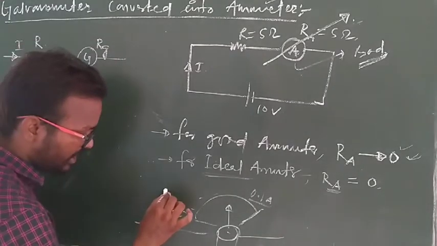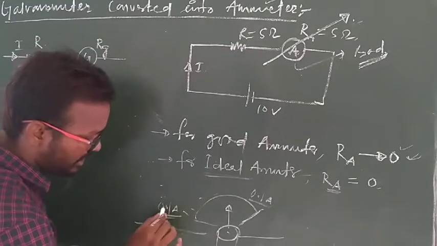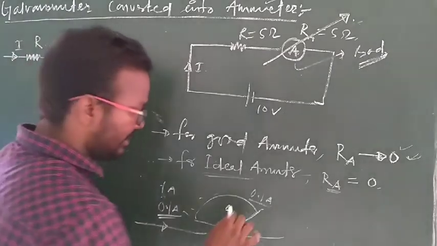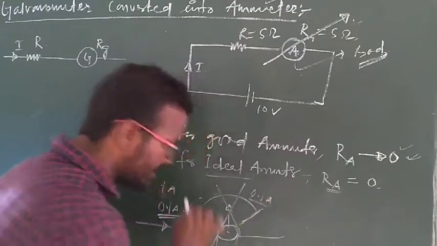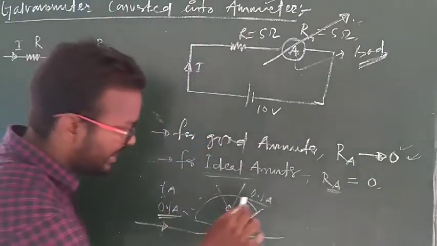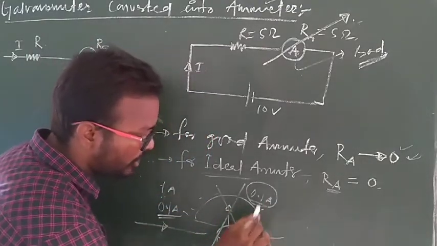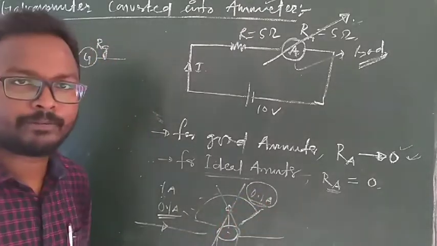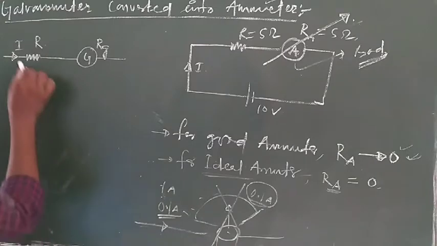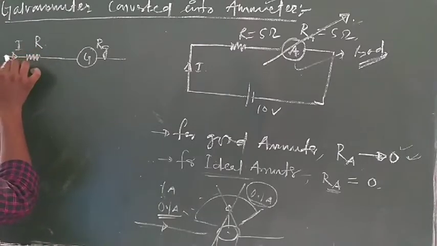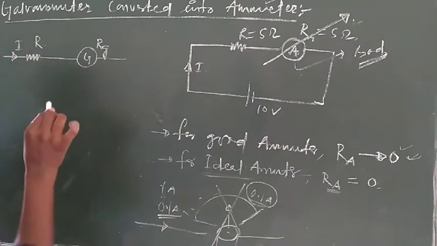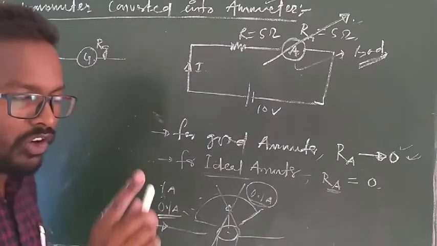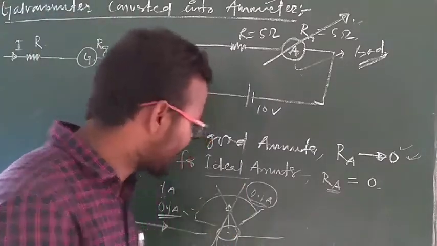If the current is 1 ampere, the galvanometer will be damaged, because it can measure only up to full deflection at 0.1 ampere.